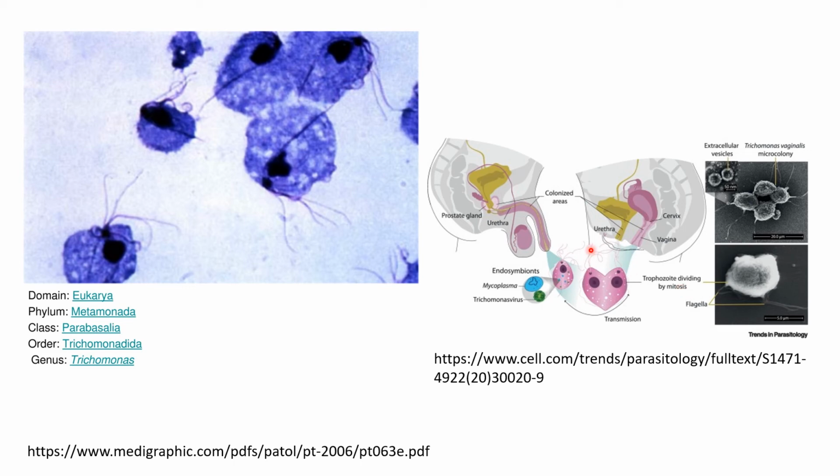So, usually, pag infected, merong mga discharge na parang pus. Okay? So, may color white to yellow discharge, and masakit yung genital area. Okay.